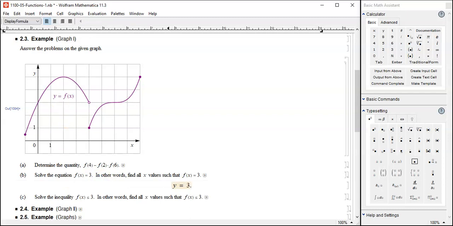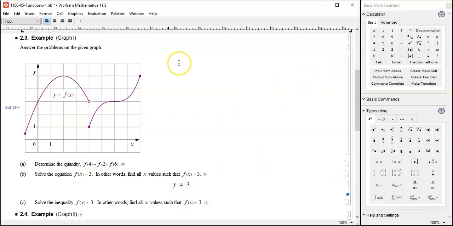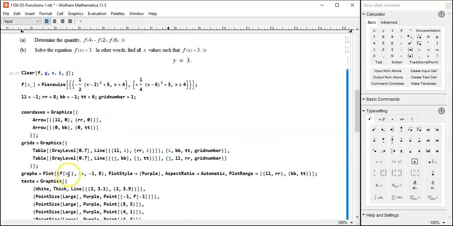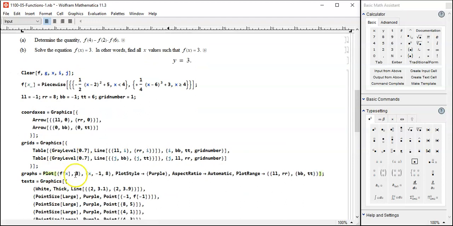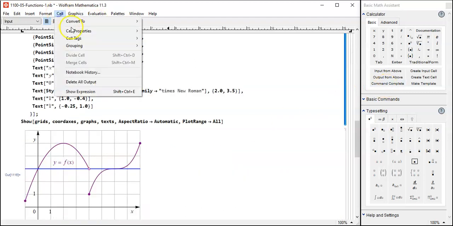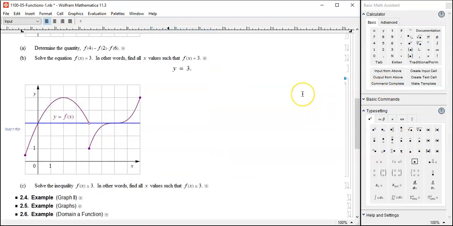What is y equals to 3? y equal to 3 is this horizontal line.